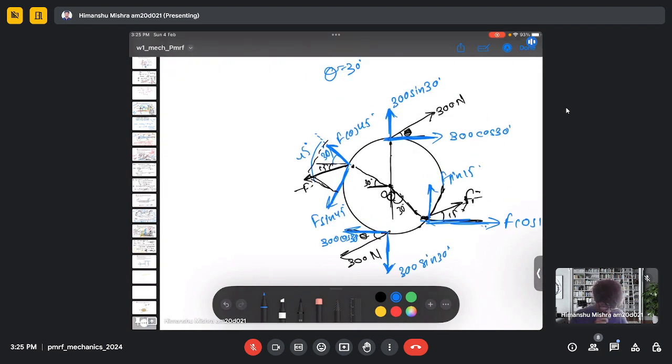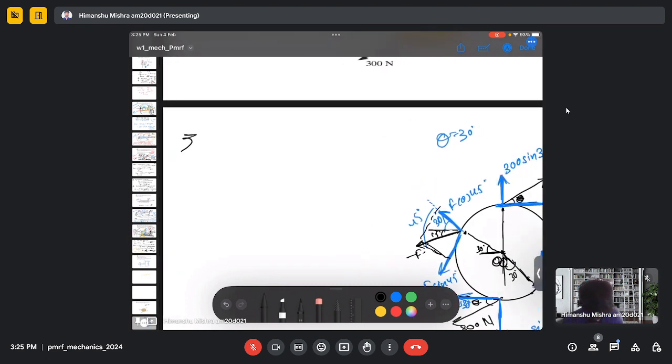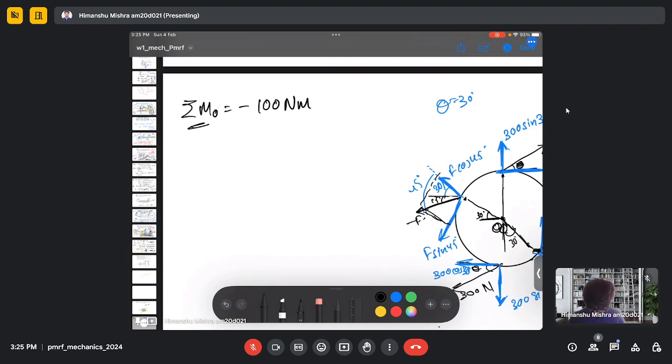So these are my components of the forces, and now I can take a moment about O, which is given 100 Newton meter in the clockwise direction. And it is equal to summation of all the moments due to these components of the forces.